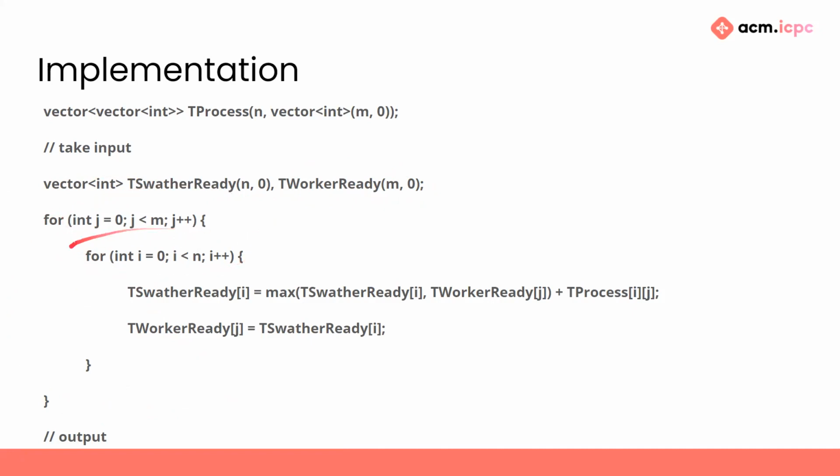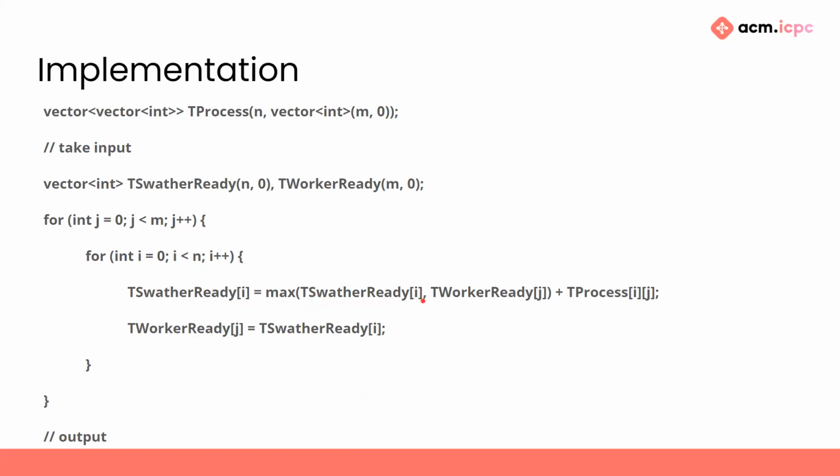And then the inner loop loops through the swatters. And then we set t swatter ready i, which is the index of the swatter. So the ith swatter is ready when both the swatter is already ready for this stage, and the worker is already ready, right?